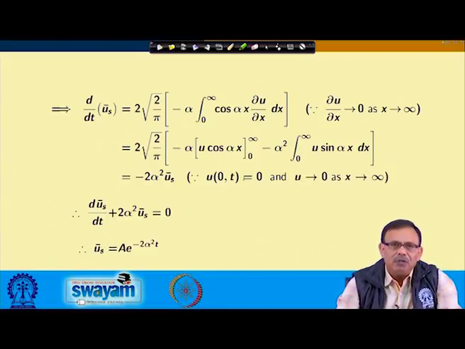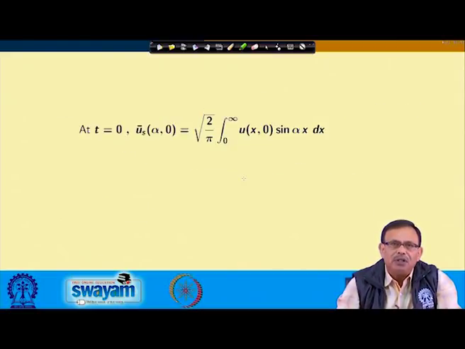Now, you have to find out the value of the constant a. To find the value of the constant a at t equals 0, what is the value of u bar s alpha 0, that we are finding out. From the definition, you can write u bar s alpha 0 equals this integral from 0 to infinity of u x 0 sin alpha x dx, and in the problem it is provided that u x 0 is e power minus x.